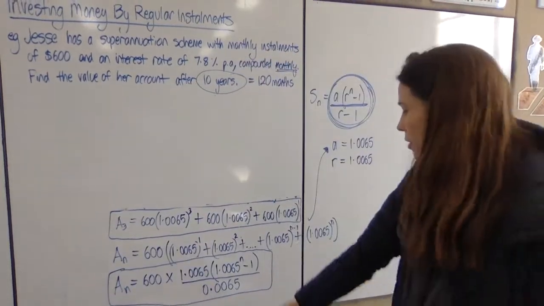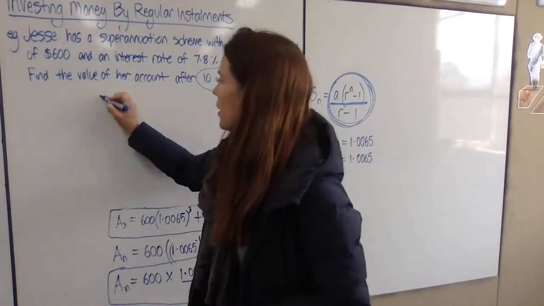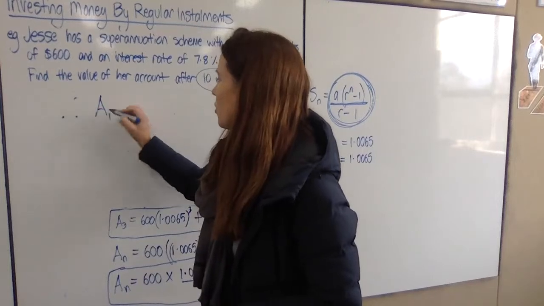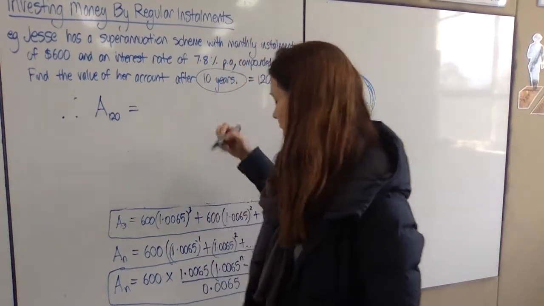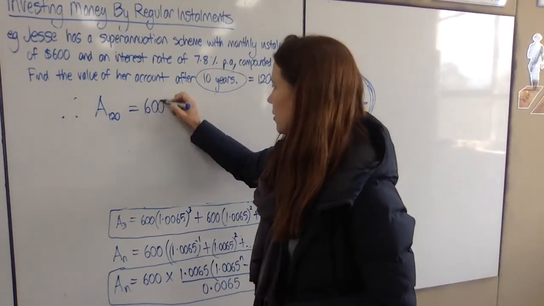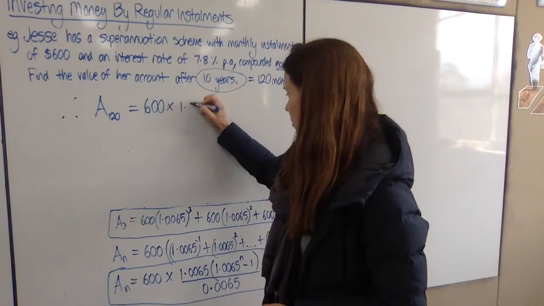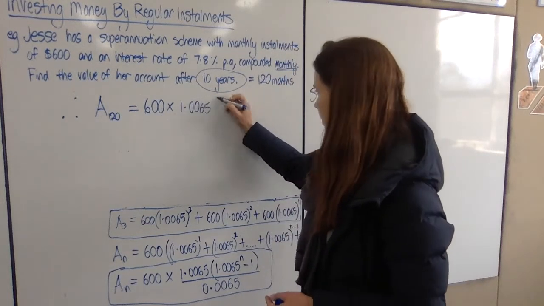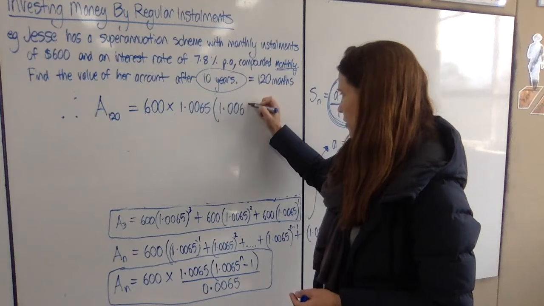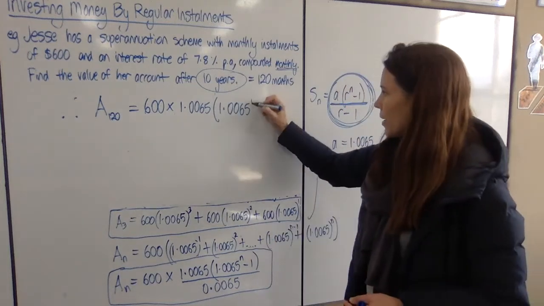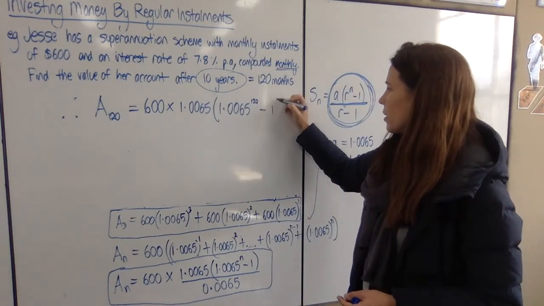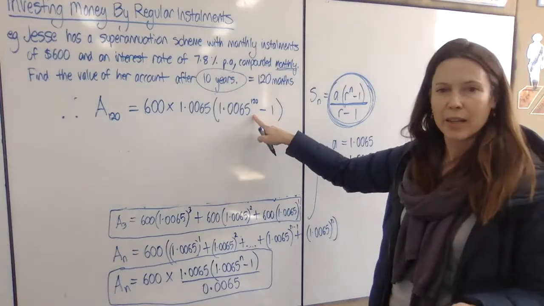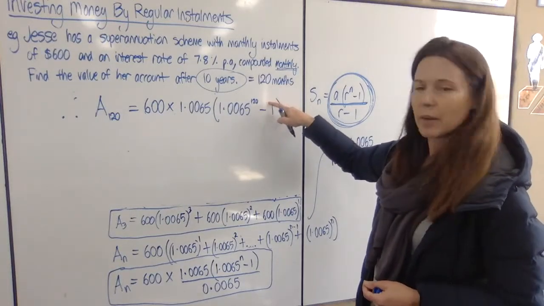We'll leave this here. So my next step would be, therefore, A 120 equals 600 times 1.0065 to the power of 120 minus 1. Careful when you put it in your calculator that you don't put the minus 1 up there in the power.